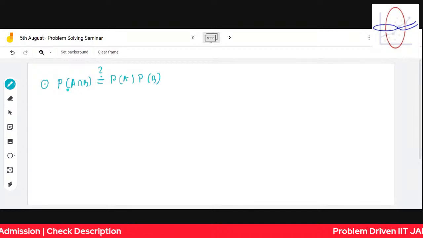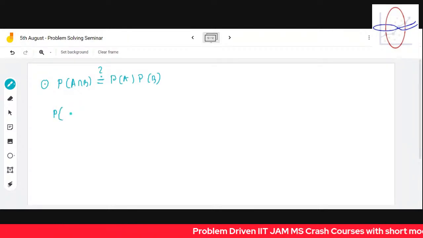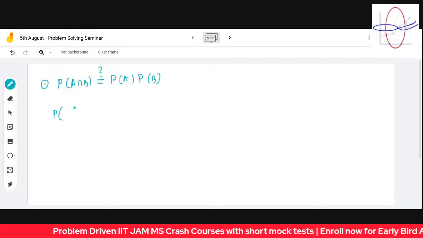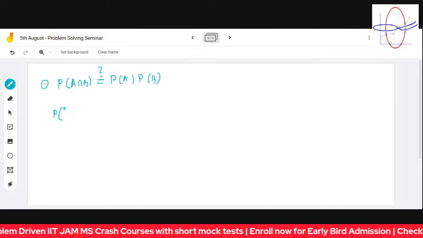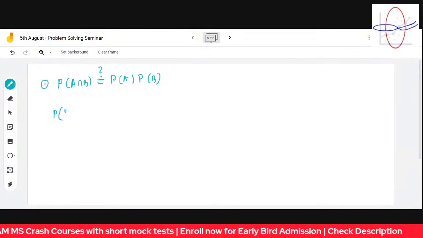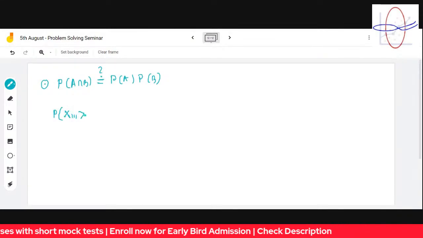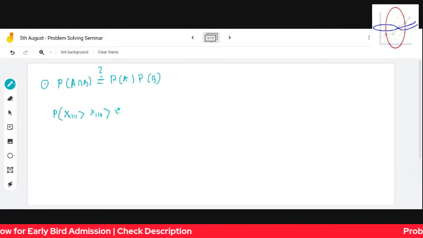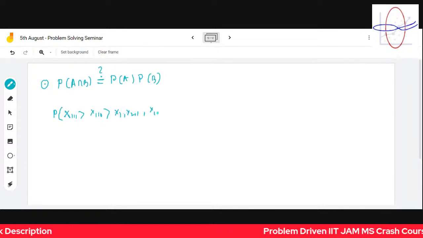So what is A intersection B? A intersection B means that both jumpers set a record. So it's x11 greater than x10, greater than all the other ones, x1 up to x9.